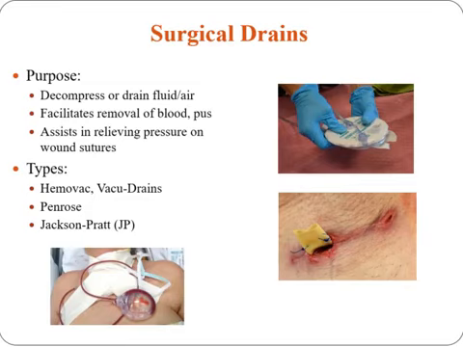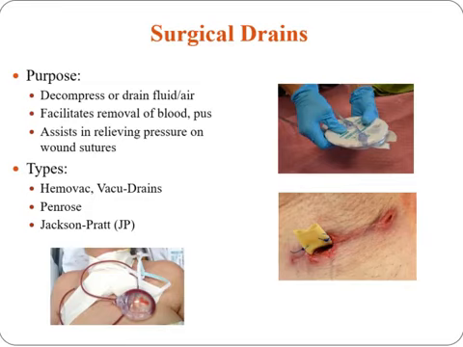Okay, drains. So surgical drains are used for a variety of reasons. A lot of times they use them in post-surgery because the surgical area creates a lot of fluid or blood, and you don't want that blood either going into a free cavity or building up and creating stress on the suture sites.